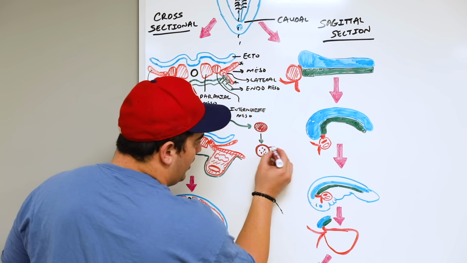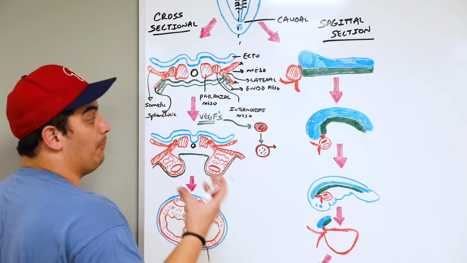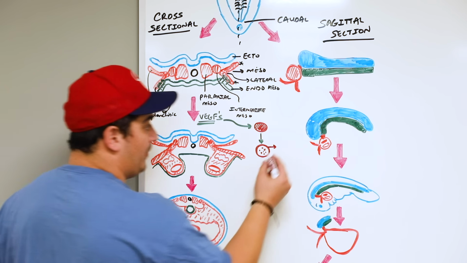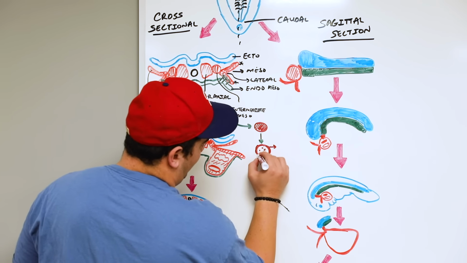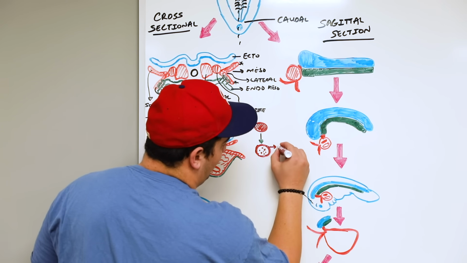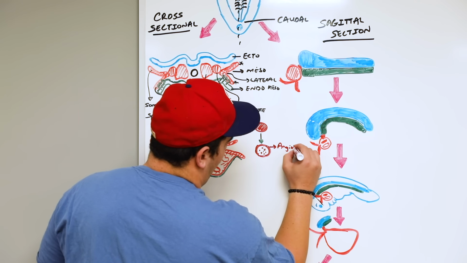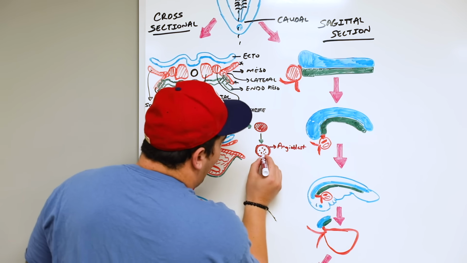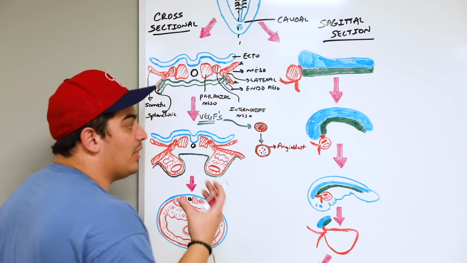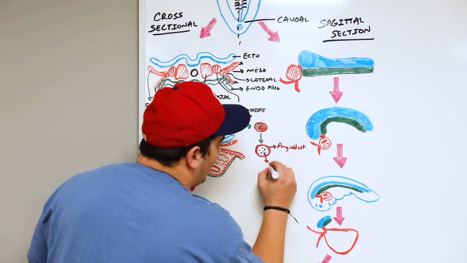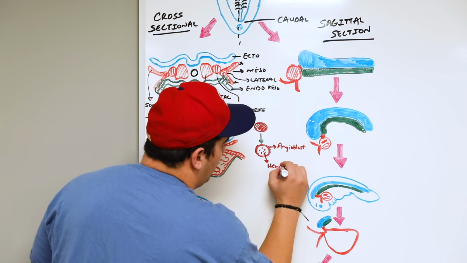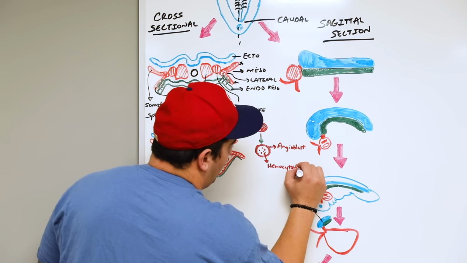The outer portion is going to become our blood vessels and our heart tube. And we call this outer portion the angioblast cells, your angioblasts. And then the inner part, which will become our blood cells, our red cells, white cells, all that stuff, this is technically what we call the hemocytoblast.